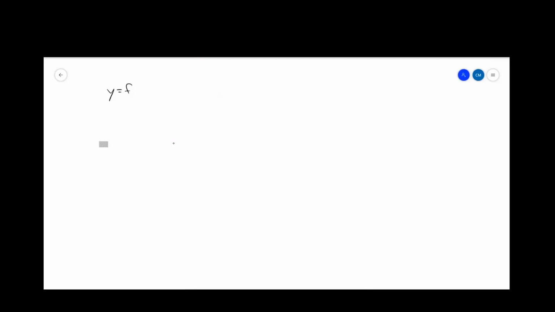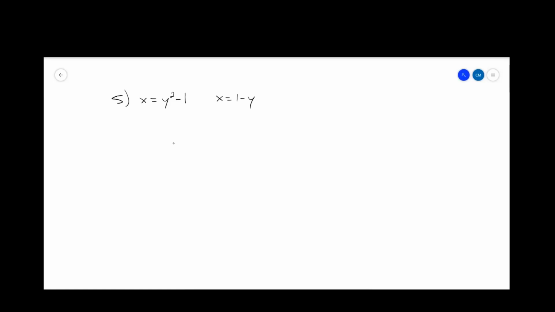So let's see. Number 5 says we want to find the area of the region bounded between this function x equals y squared minus 1 and this other function x equals 1 minus y.